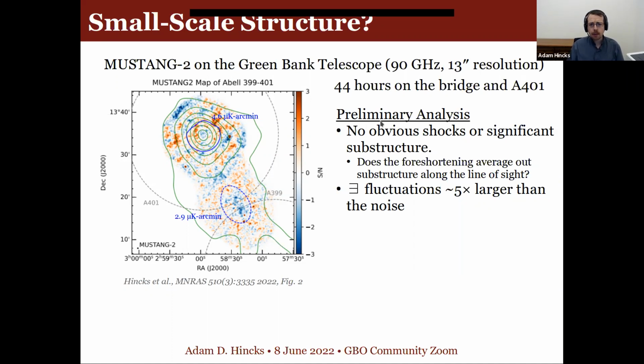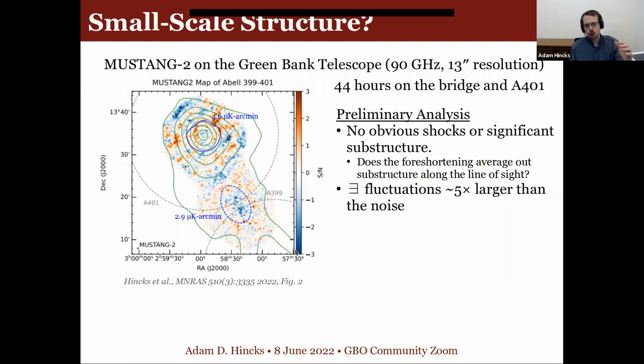So far, we haven't done all the analysis that's possible on this map. In this paper that was published earlier this year, we did a preliminary analysis. The first thing that we noticed is that we're not seeing, at least yet, those wispy substructures that you might have expected from the simulation that I showed earlier.